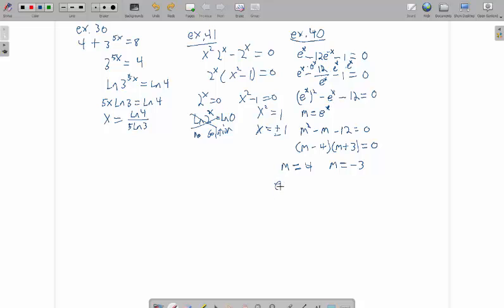So that means e to the x equals 4, or e to the x equals negative 3. And then to get the x out of the exponent, you would take an ln of both sides, and this would be a very good pick of an ln, because ln and e, remember ln is log base e, will just cancel out. So that would just be x equals ln of 4.